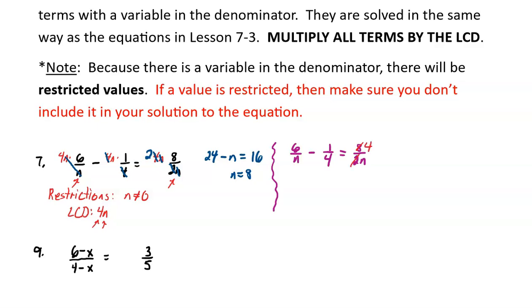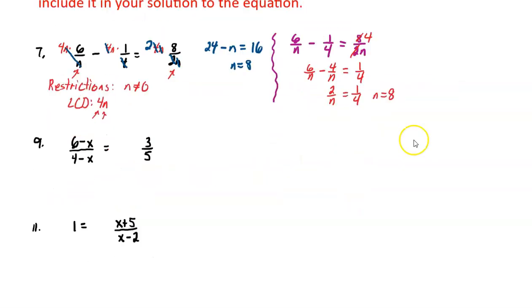Then I could subtract 4 over n from both sides, creating 6 over n minus 4 over n, while at the same time adding the 1/4 to the other side, creating this equation. And this makes 2 over n is equal to 1 over 4. Well, 2 out of 8 is equal to 1 out of 4, and so you get n is 8, right? So just an alternative way of doing the same problem.